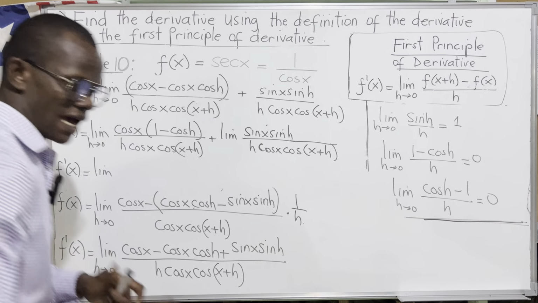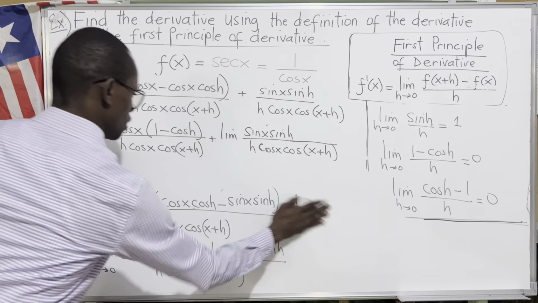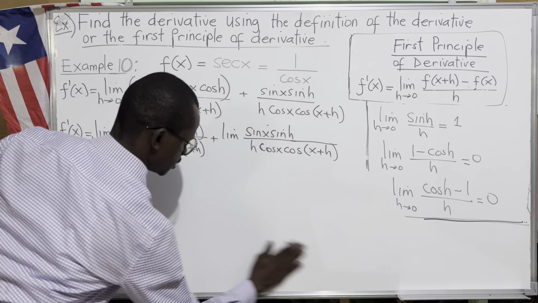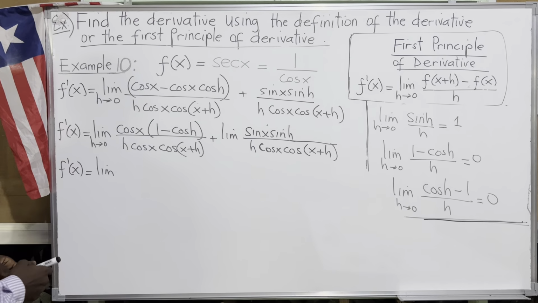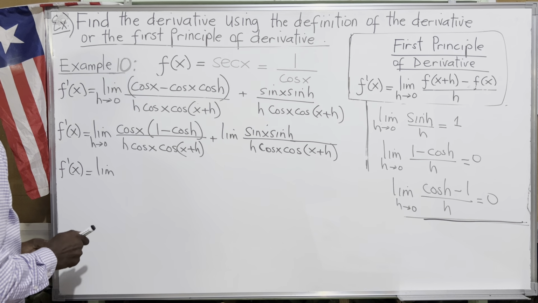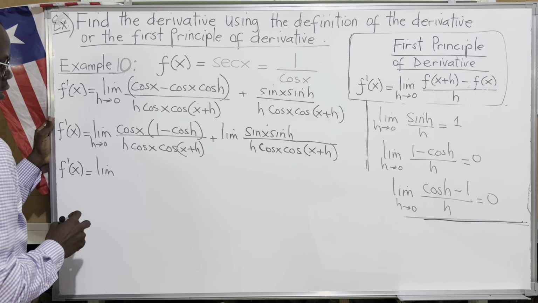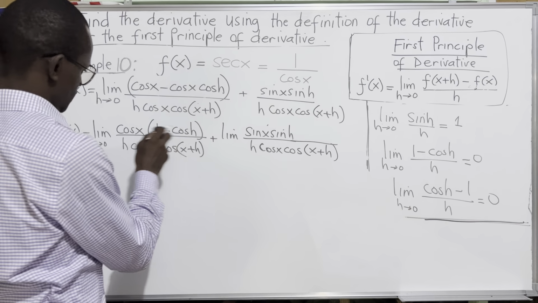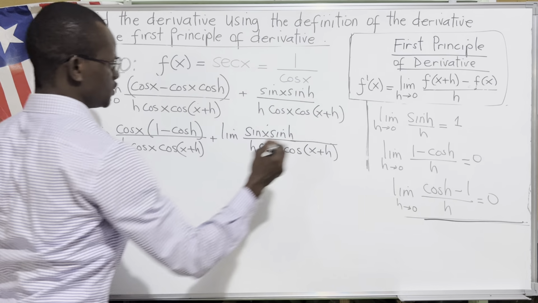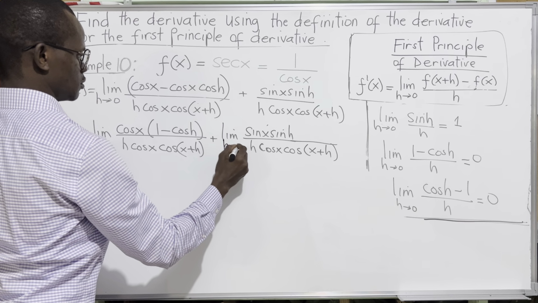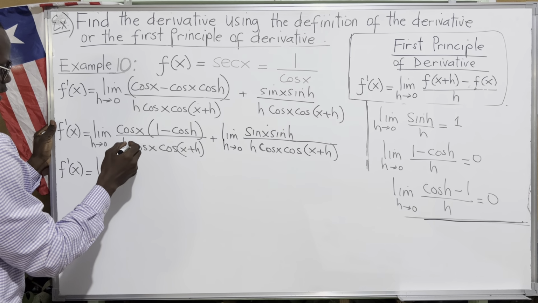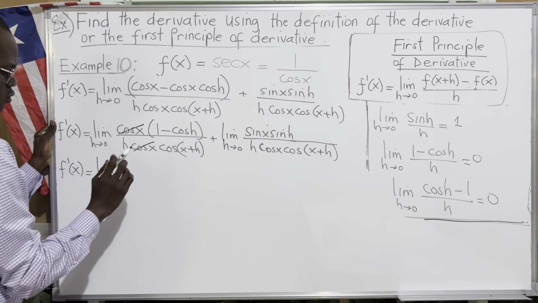So at this point, since we want to bring in these properties to make this thing much easier for us, we can rewrite these expressions in either of these terms. So look at the first one. Cos of x and cos of x can go out, right?